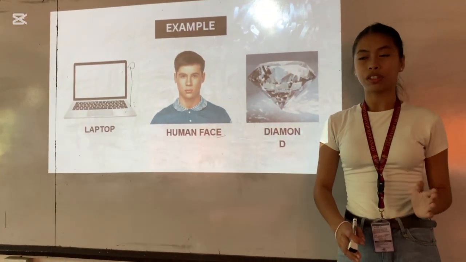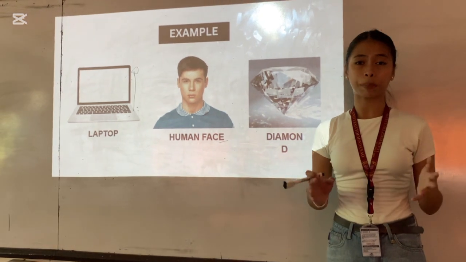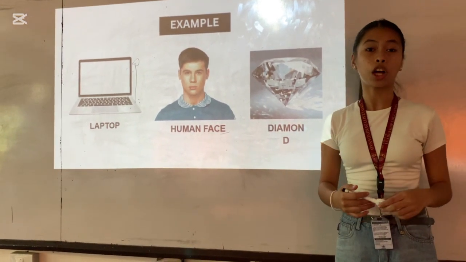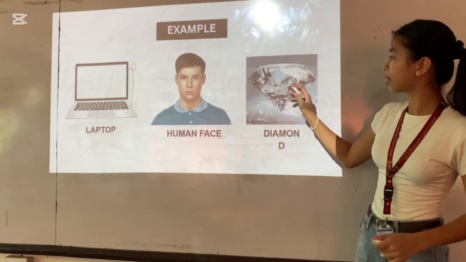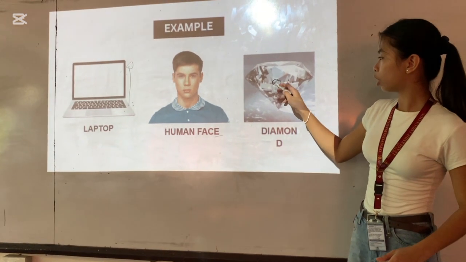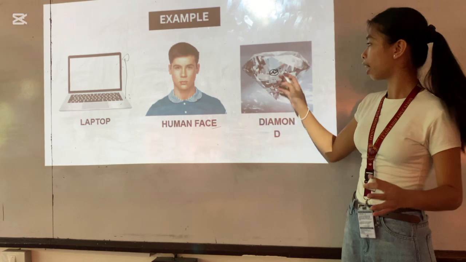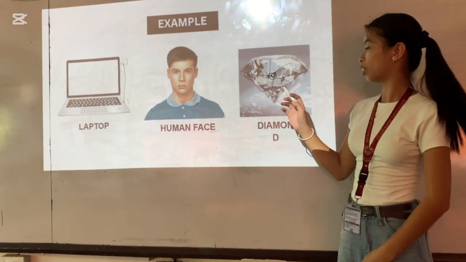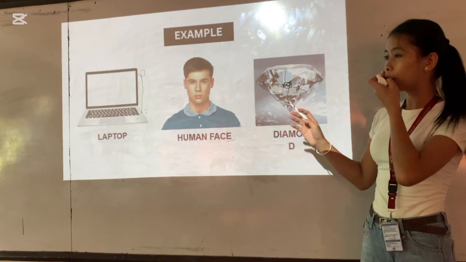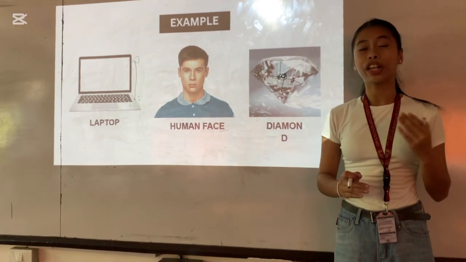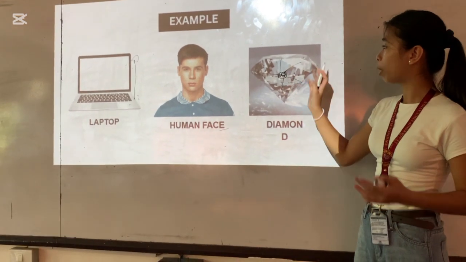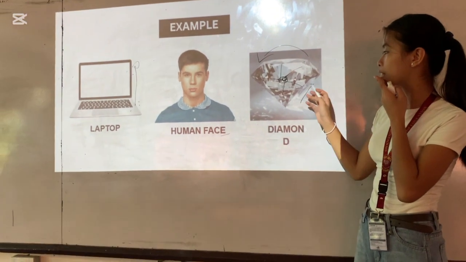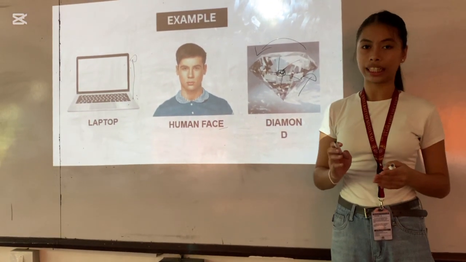Next is a diamond. Diamonds have different types, but the most common shape that we see is the round brilliant cut. It has a central point from which its corners radiate outward. So this shows that this is a radial symmetry, because no matter how you flip this diamond or turn it to the left side, it still looks identical.